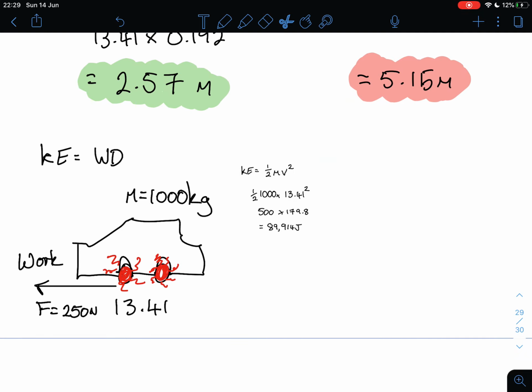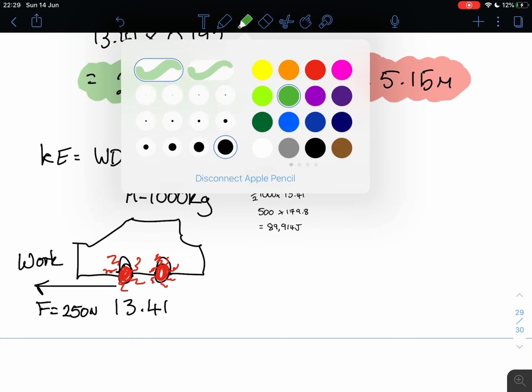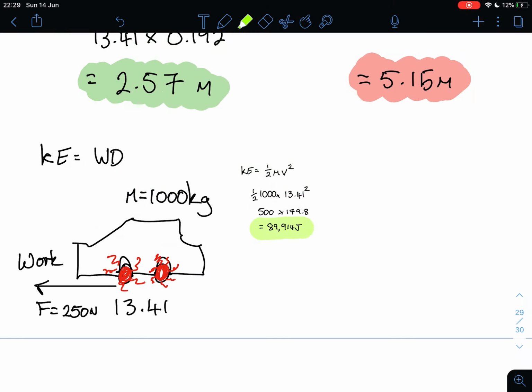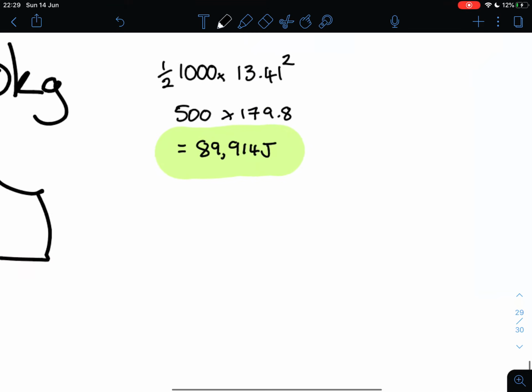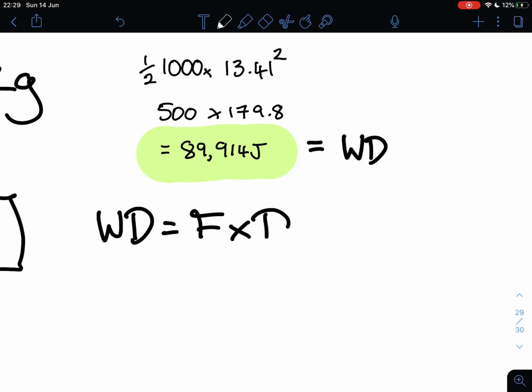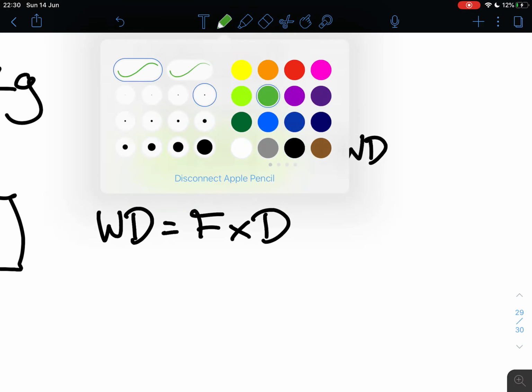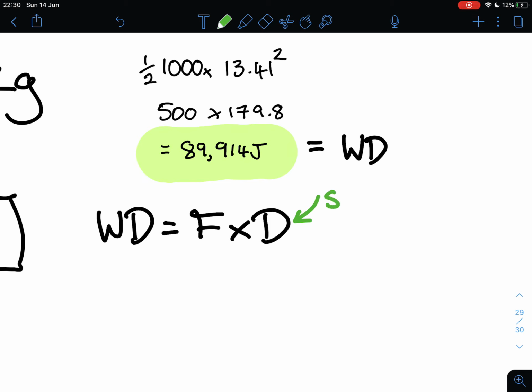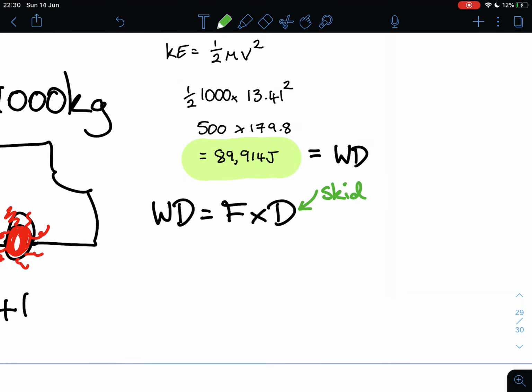Right, next. This energy that we've worked out, now the brakes must do work. So this must be equal to the work done by the brakes. Now if you remember, the equation for work done is force times distance. And this distance here is how far you will skid. Your skid mark. It will be huge. We know that the force is 250.